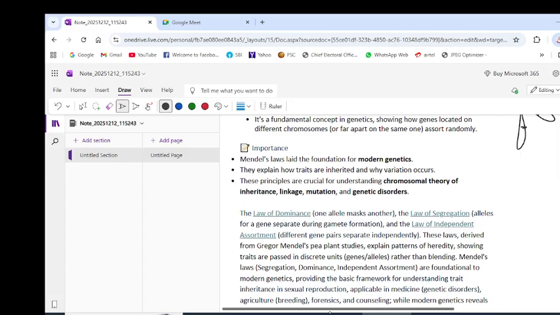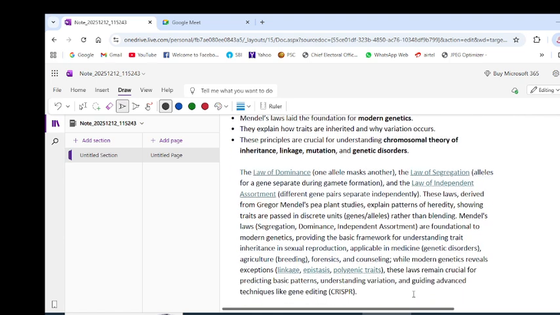It is very beneficial to understand linkage, genetic mutations, inheritance. These are kinds of chromosomal phenomena.